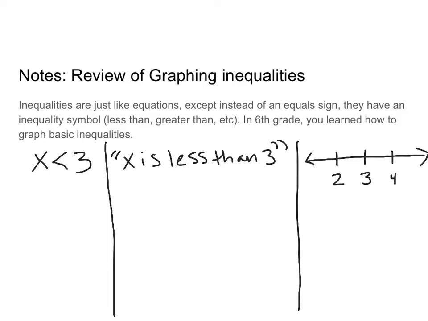And since it doesn't include 3, 3 is not a possibility. It could be 2, it could be 1, it could be 2.99999, but it could not be 3. We're going to do an open dot at 3, make sure it's nice and big so I can tell it's not closed. And then you're going to shade in going down with the arrow going down.